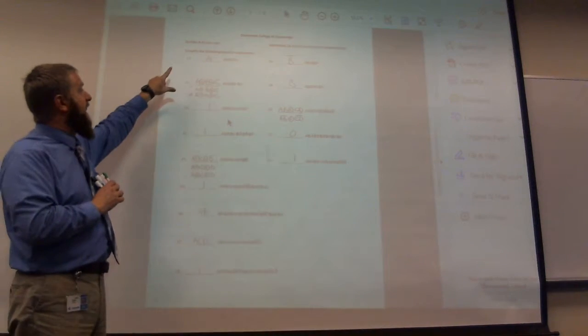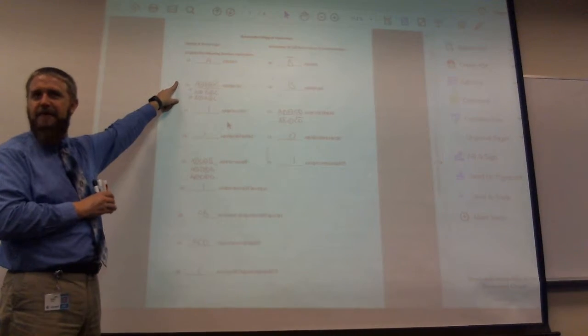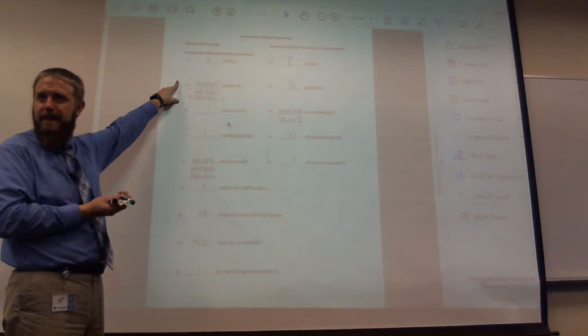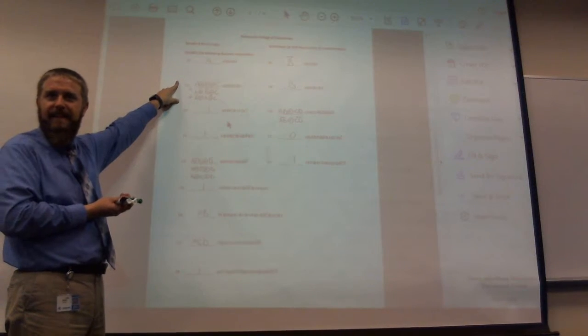If you have an XOR 0, you can essentially ignore the 0. If you have an XOR 1, that's going to swap the value. 17 is a good example of this. There's 3 answers here. Why? It's 3 variables.